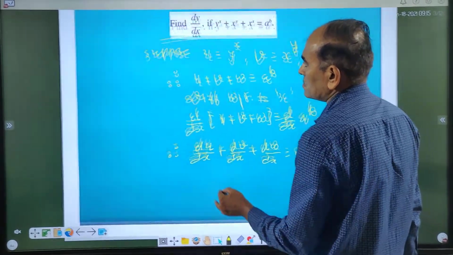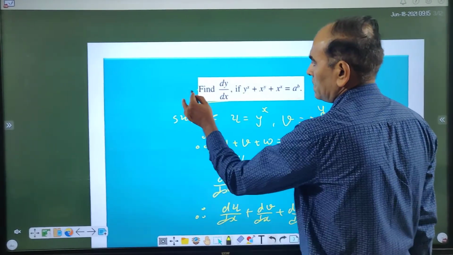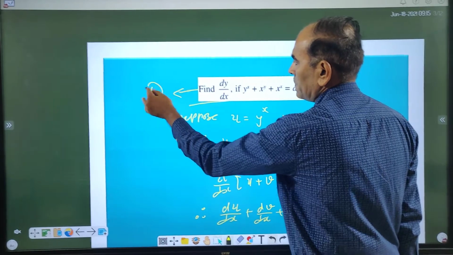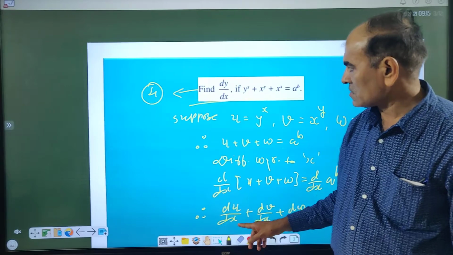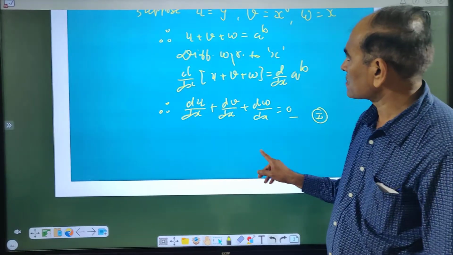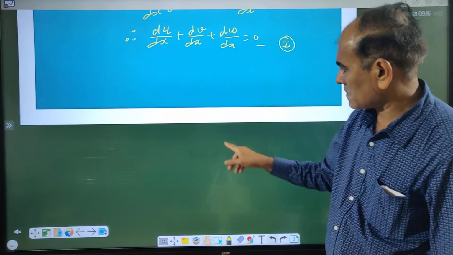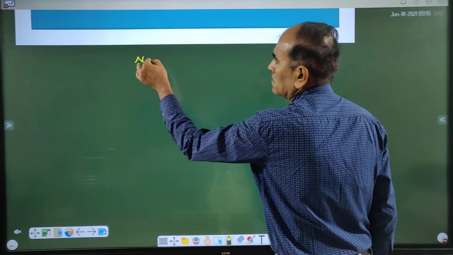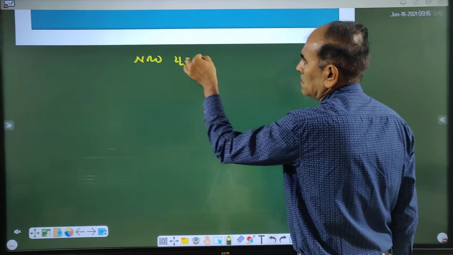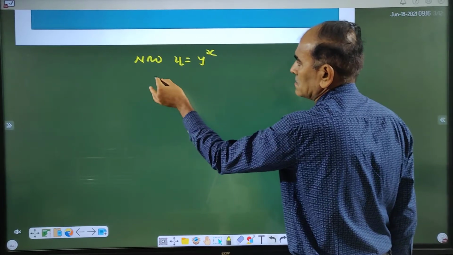Now see, this question is of 4 marks. So don't worry. Of course it is lengthy, but it is of 4 marks. What is u? y raised to x. Now u is equal to y raised to x.